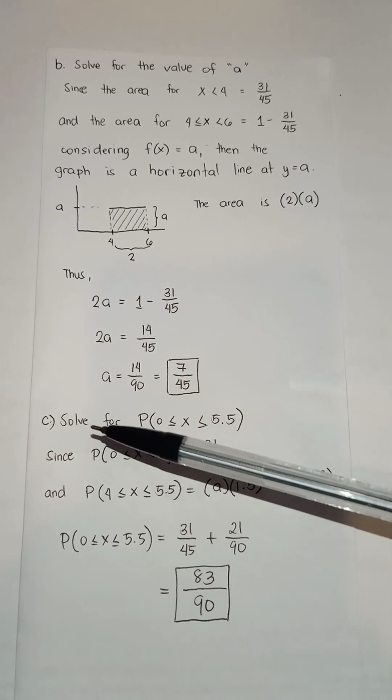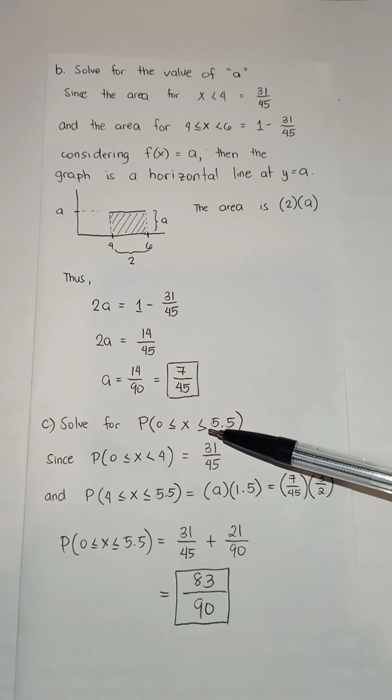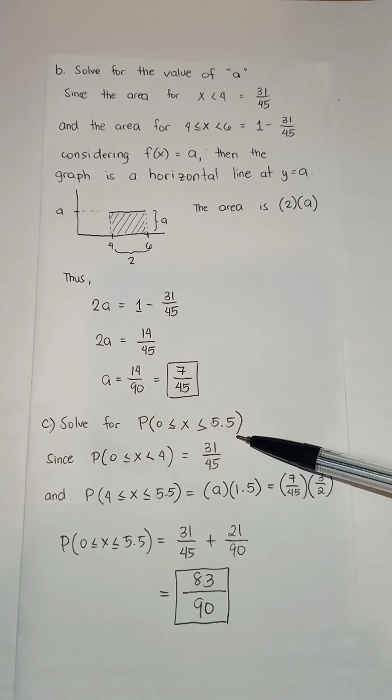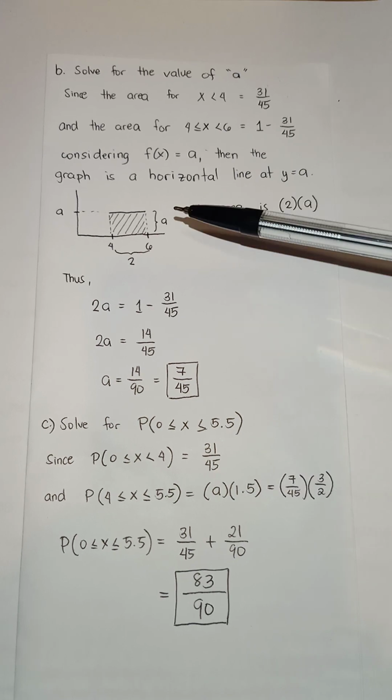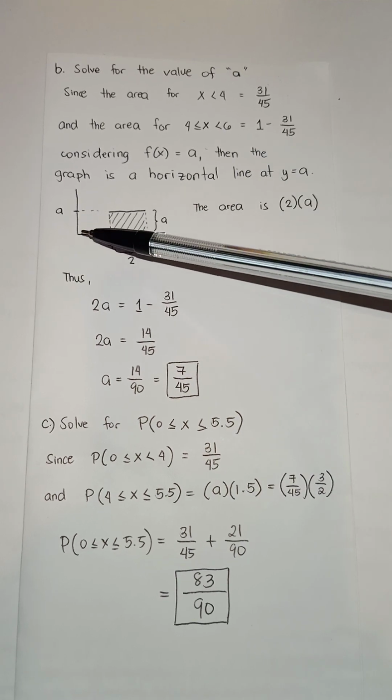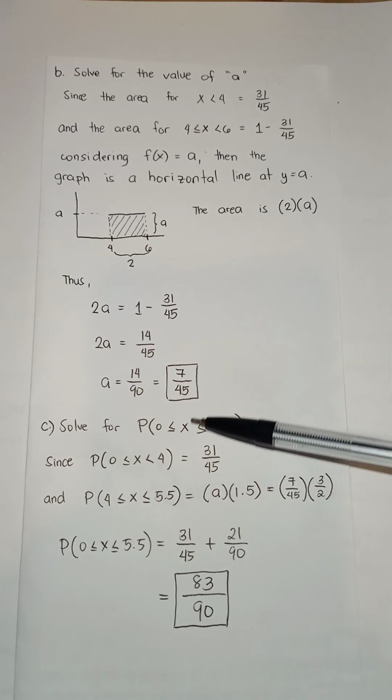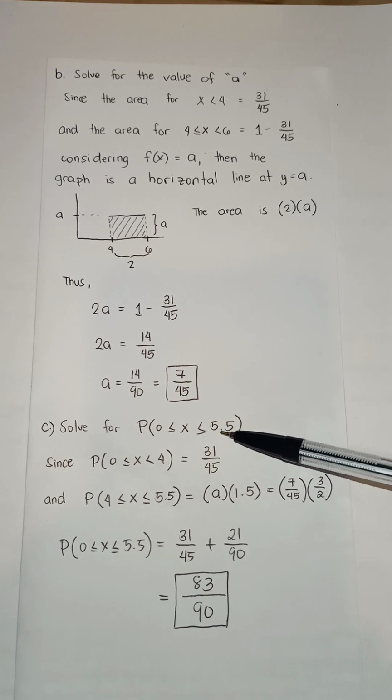Okay, and then the last part, solve for the probability of x being greater than or equal to 0 but less than or equal to 5.5. As we know, this a here has a domain from 4 to 6, but what we need is just up to 5.5.